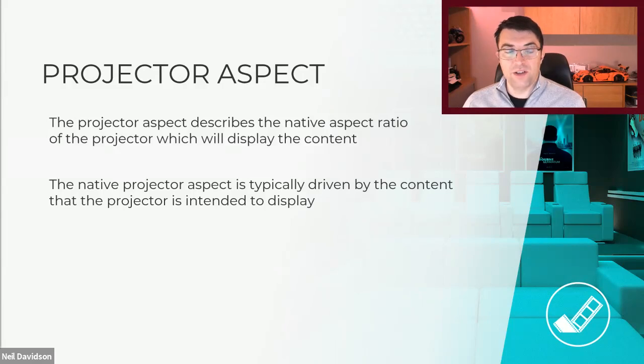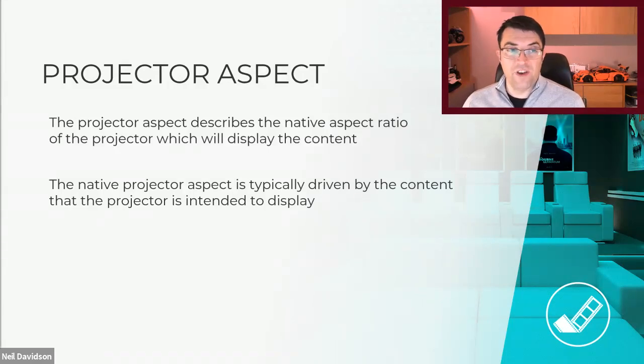If the projector is intended for playing back 4K cinema content, then it's possible, and in fact likely, that it may have a 4K, so a 1.896 aspect. I'm sure you've all come across business projectors.